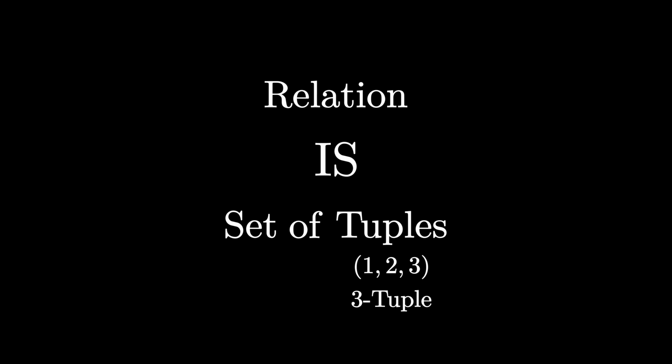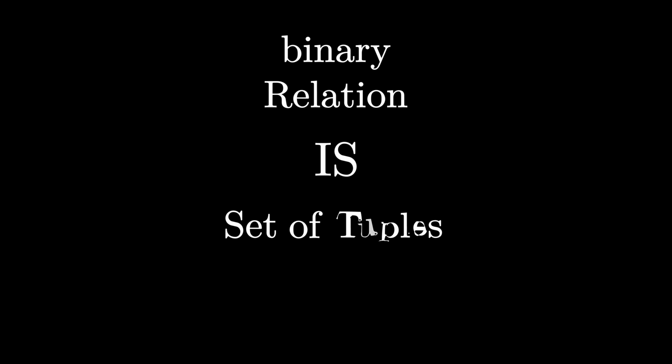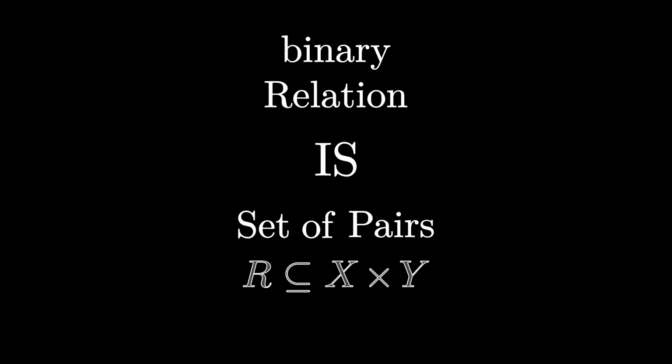A 3-tuple is also called a triple for short, and a 2-tuple is called a pair. In this video, we are only interested in these, because a binary relation is simply a set of pairs. More precisely, a binary relation R is a subset of the Cartesian product of two sets x and y.